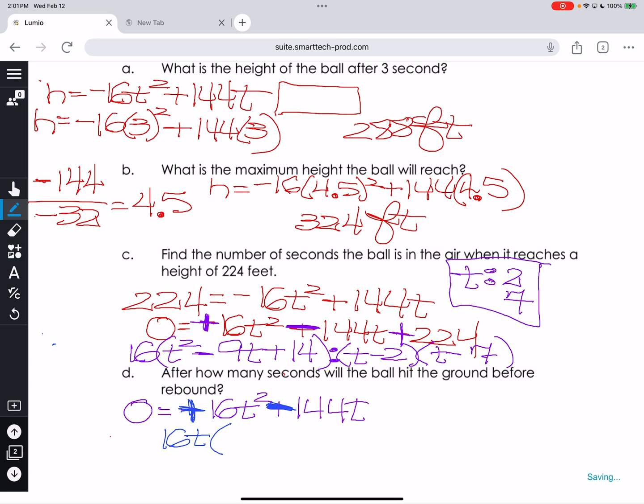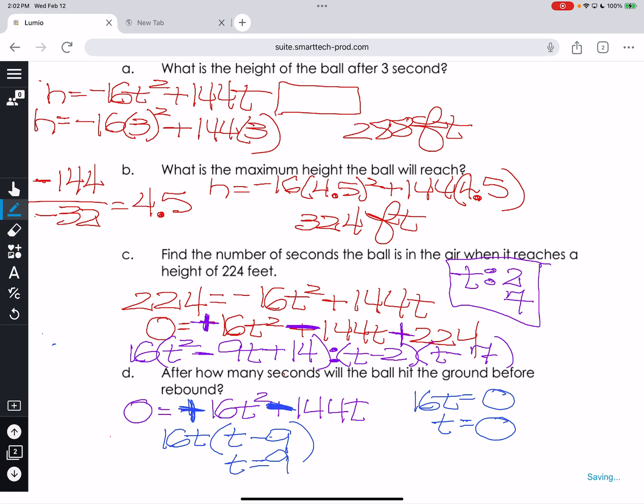And we're left with t minus what? 9. So then we solve. Make each of your factors equal 0. 16t equals 0 gives us t equals 0. And then t minus 9? t equals 9.